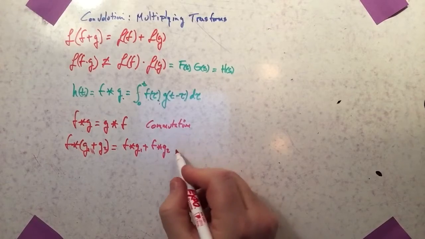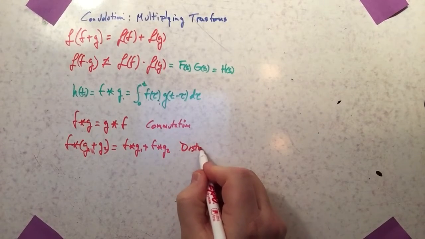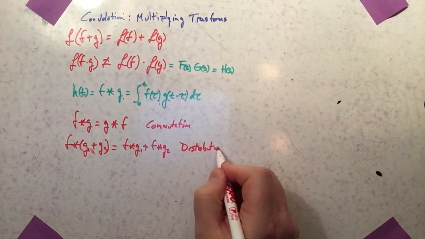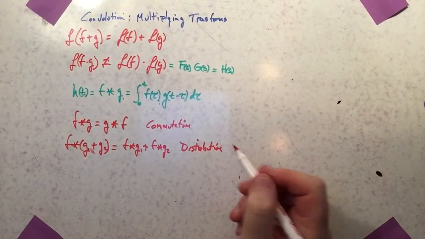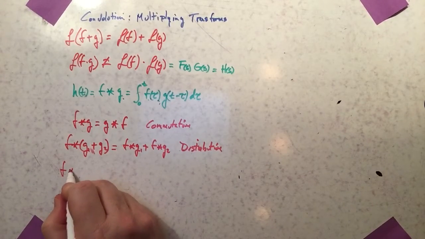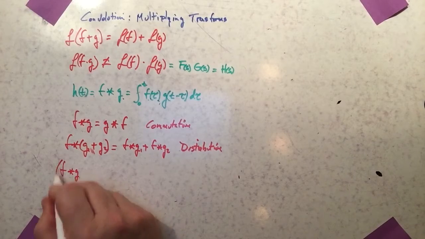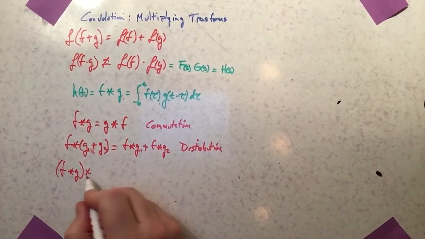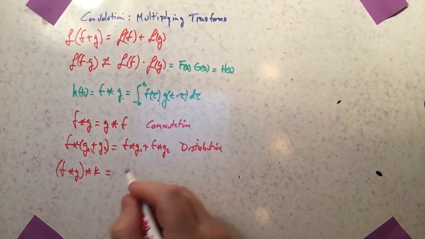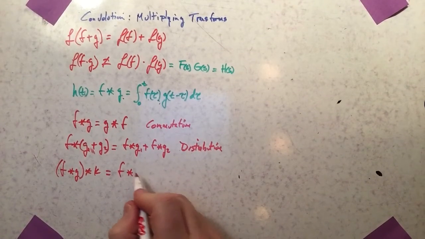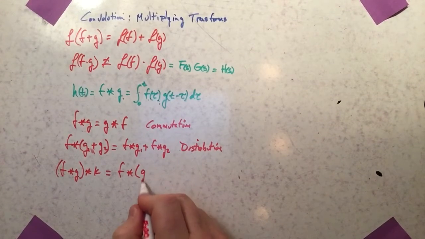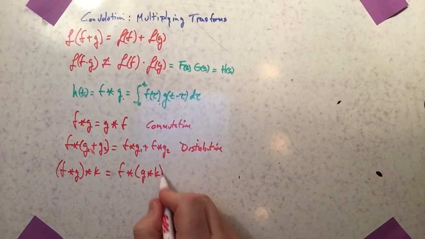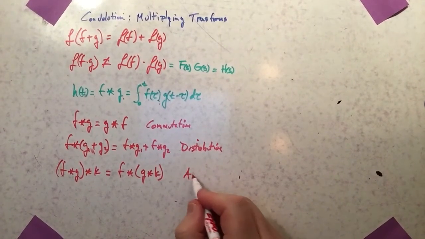So it obeys the distributive property. F convolute g, and then that convolute k, is equal to f convolute the quantity g convolute k. So it obeys the associative property.